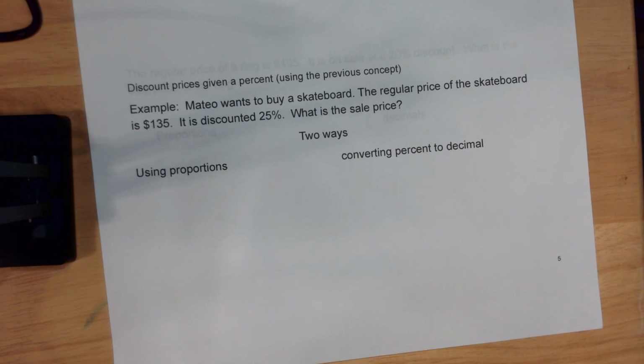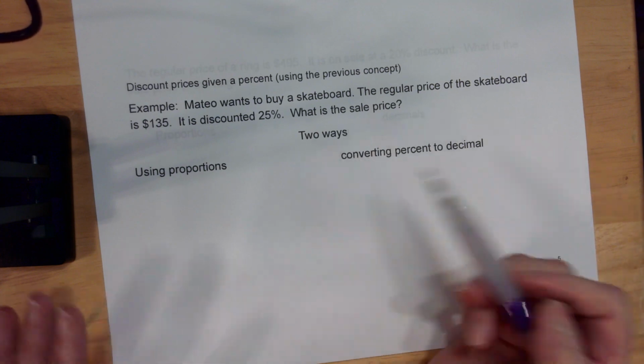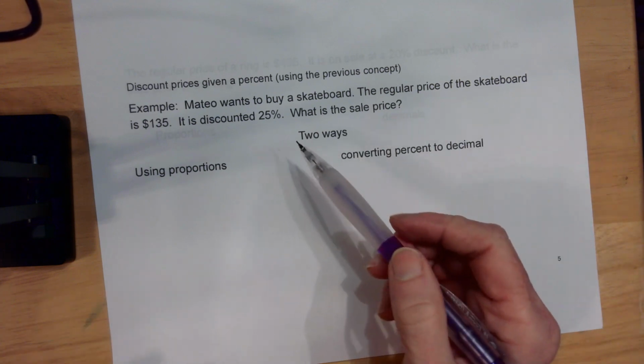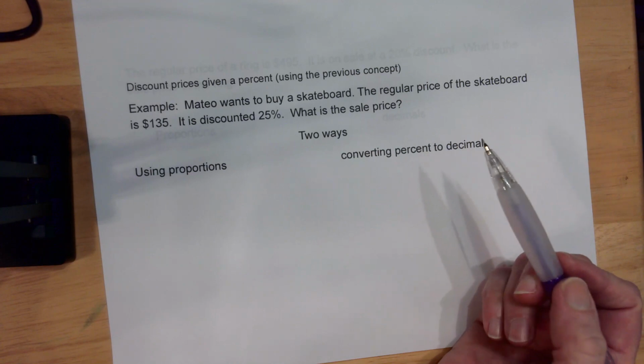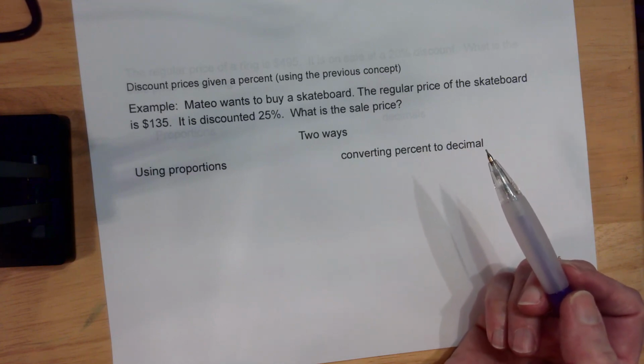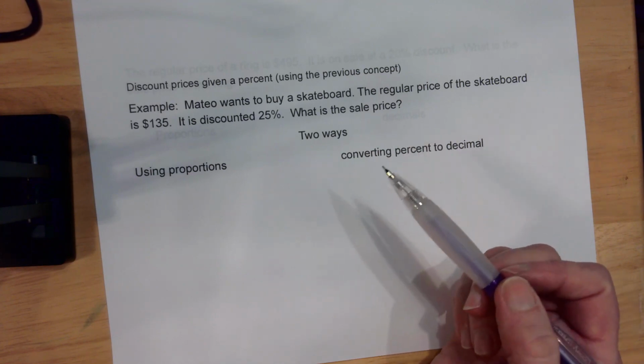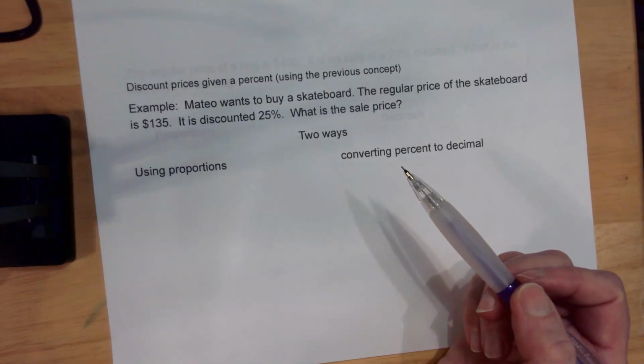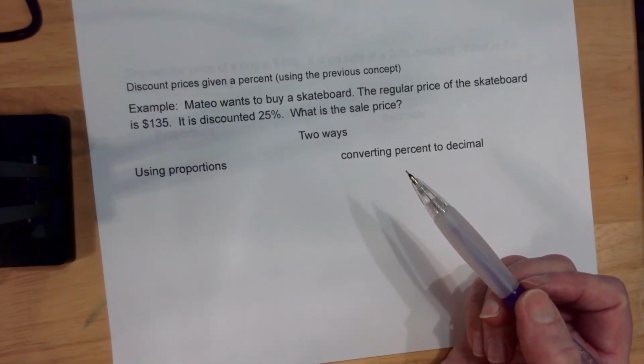Now, this concept can also be used in discounted prices. And so an example of this, and I'm going to show you both ways to do it. Mateo wants to buy a skateboard. The regular price of the skateboard is $135. If the discount is 25%, what is the sale price?